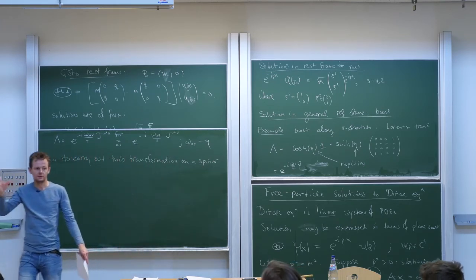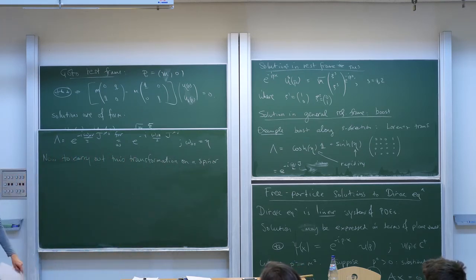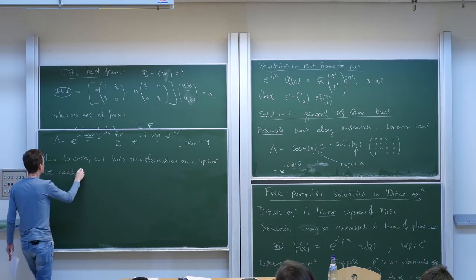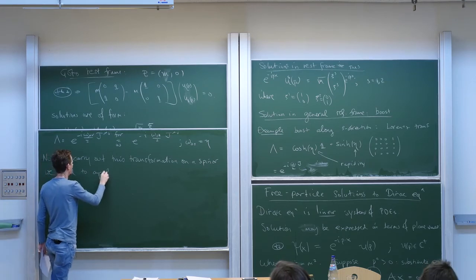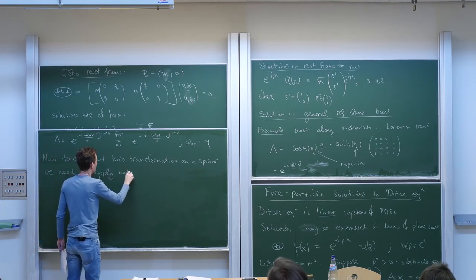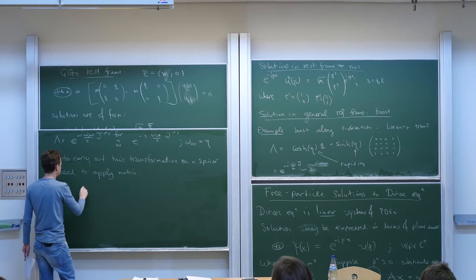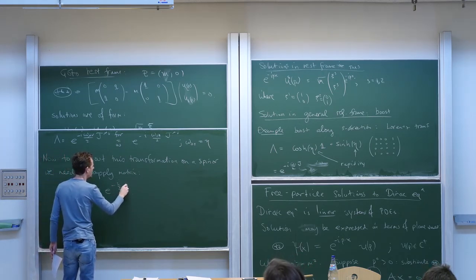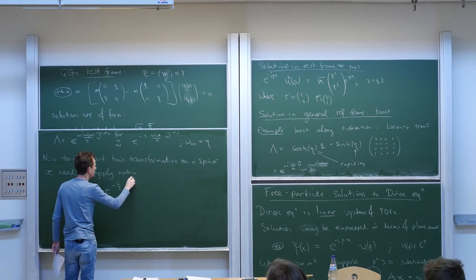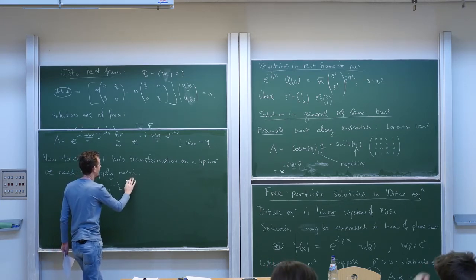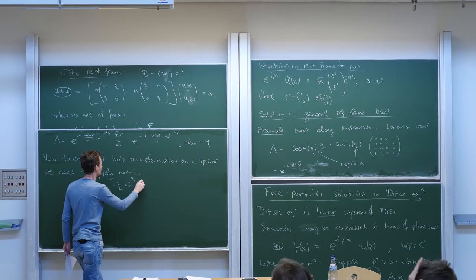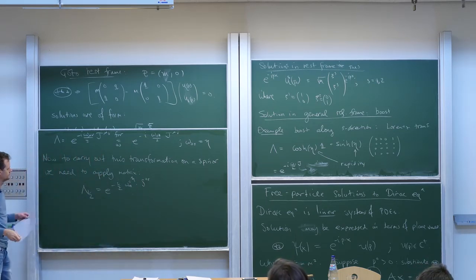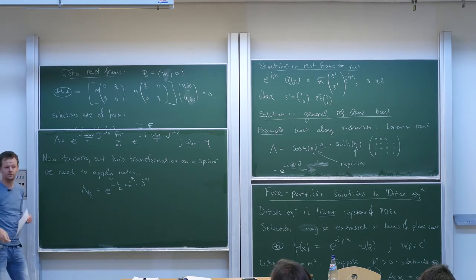To do exactly the transformation corresponding to this Lorentz transformation on a spinor, we need to apply the matrix lambda half, e to the minus i over 2 omega 0 3, which equals the rapidity, times the spinor representation S03.